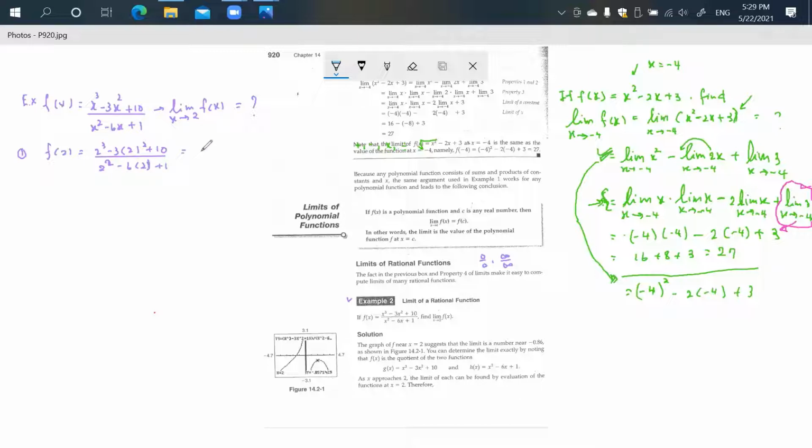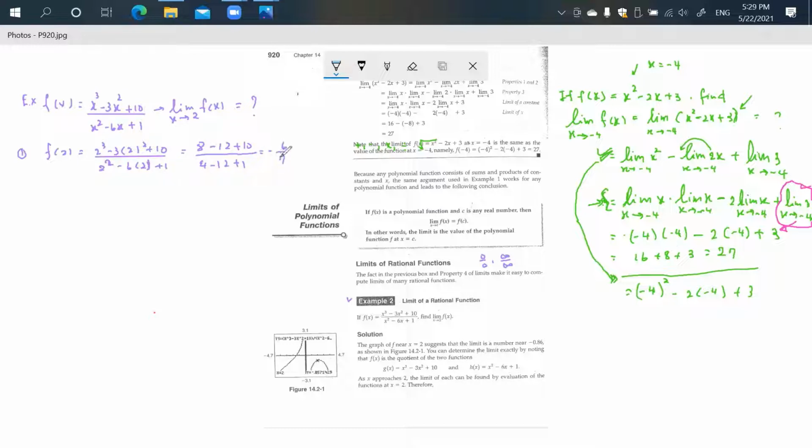Then you simplify what we have: 8 minus 12 plus 10, right? And over 4 minus 12 plus 1. So what we have, 6 over, it's going to be negative 7, right? So we have negative 6 over 7.